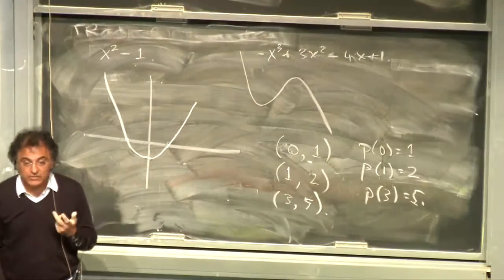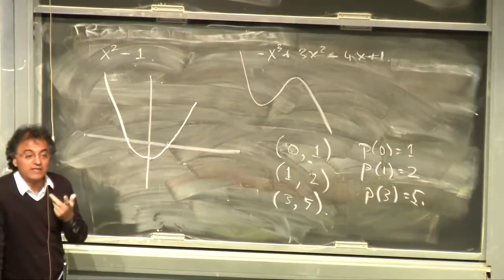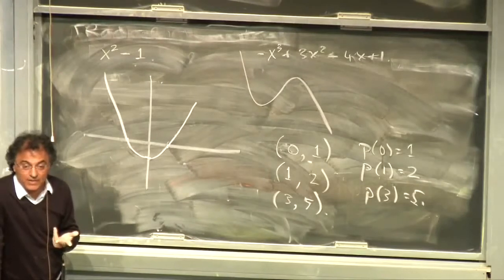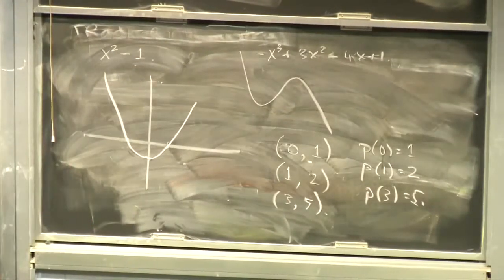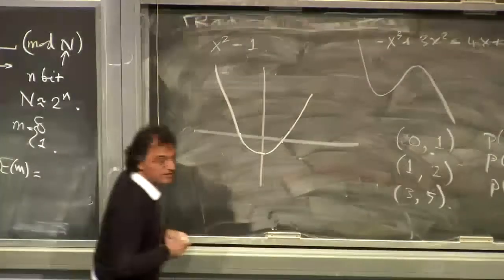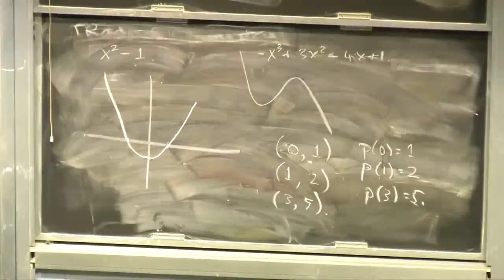So there are two questions. How do I find it? And secondly, why is it unique? Okay, so let's see how to find it. In order to find it, let's first do a little puzzle. So the puzzle is this.